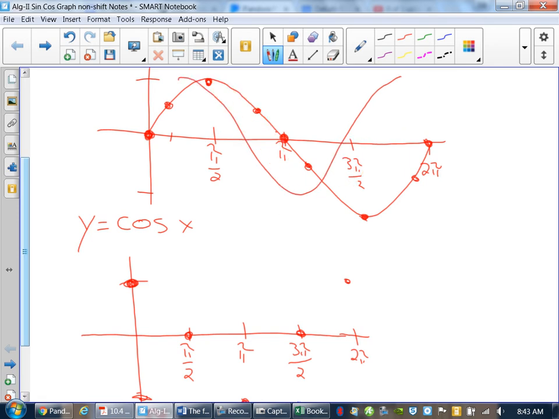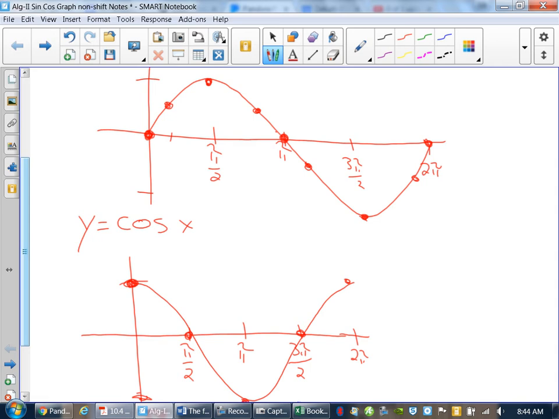It's just moved over 90 degrees to make it work. That's your basic idea for a cosine graph. Again, it's a periodic function. It goes through a cycle. It has maximums, it has minimums. It has a specific period. 2 pi is your standard stuff here.